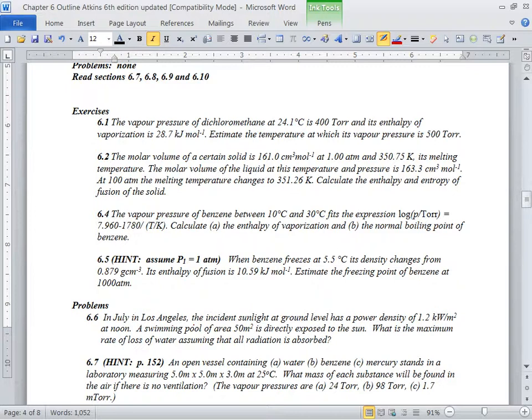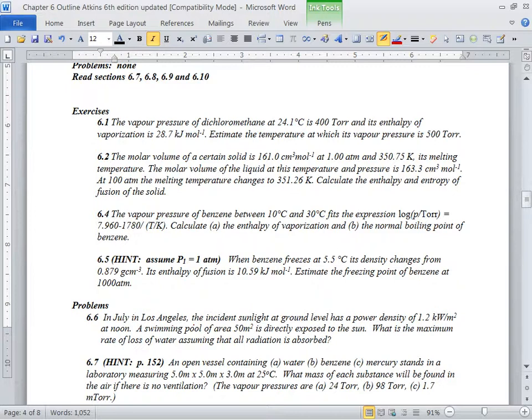The vapor pressure of dichloromethane at 24.1 degrees Celsius is 400 torr. Enthalpy of vaporization is 28.7. Estimate the temperature at which its vapor pressure is 500 torr. So it sounds like Clapeyron, right?